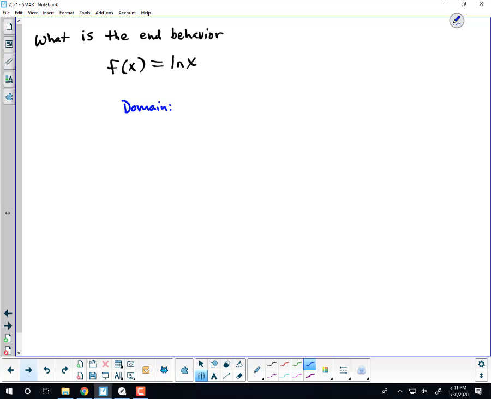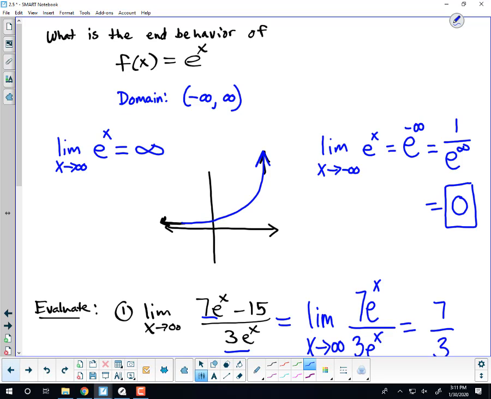Inverses, right? When you look at an inverse, the domain becomes the range, because you just switch x and y. So the domain of e to the x, all real numbers, becomes the range of the natural logarithmic function. The range of e to the x becomes the domain of the natural log function.